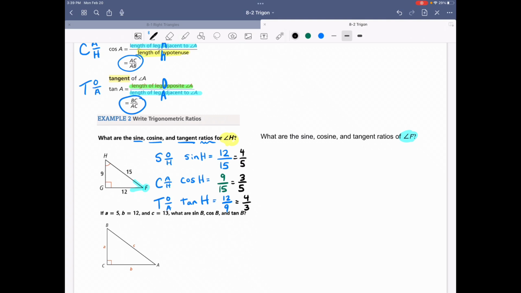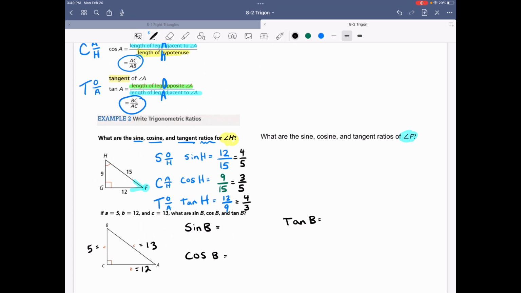And then we also have this next one where they tell us that A is equal to 5, B is equal to 12, C is equal to 13. What's the sine of angle B? What's the cosine of angle B? And what's the tangent of B?